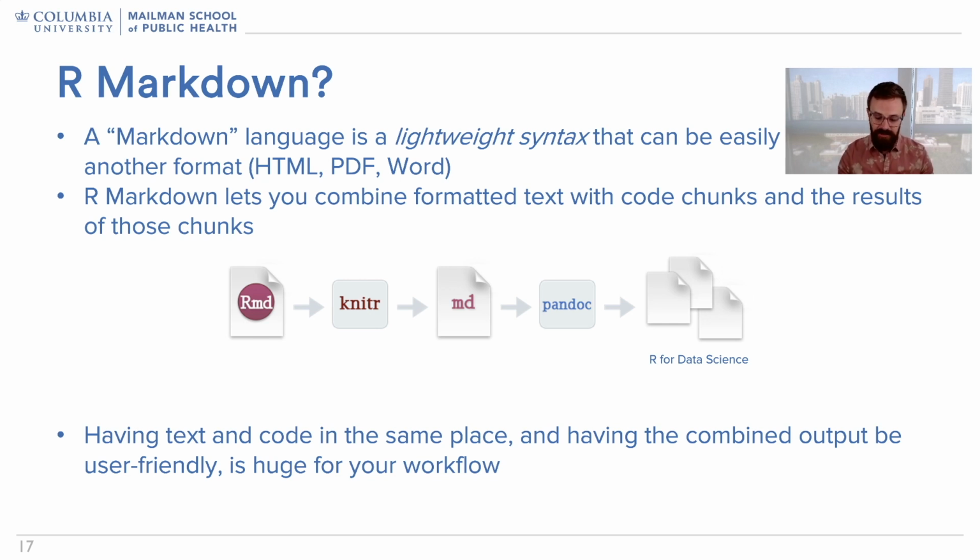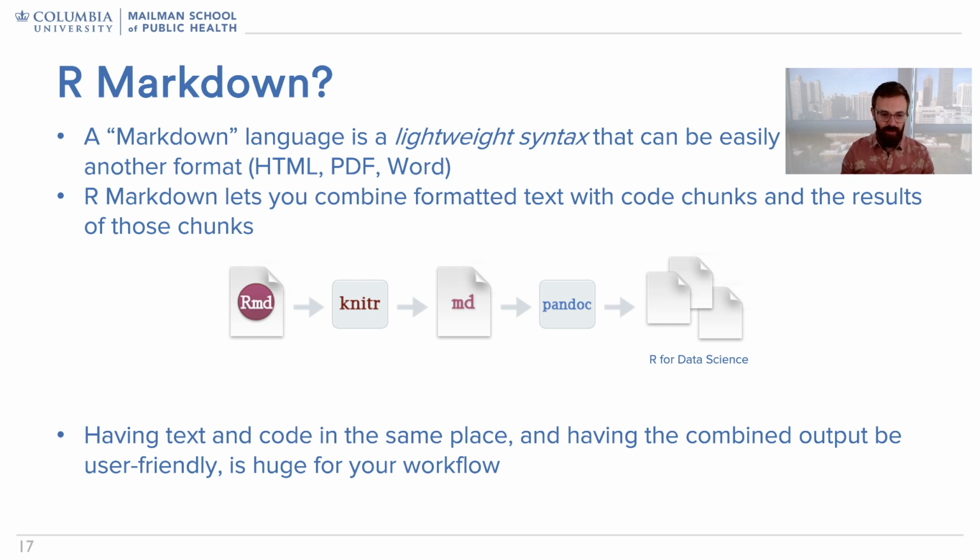R Markdown takes one step further from that and says, in addition to having that syntax that allows me to format text using bold and italics and uppercase, lowercase, or section headings and tables and things like this, is it possible to include in that code chunks, bits of R code, and then the results of those code chunks?